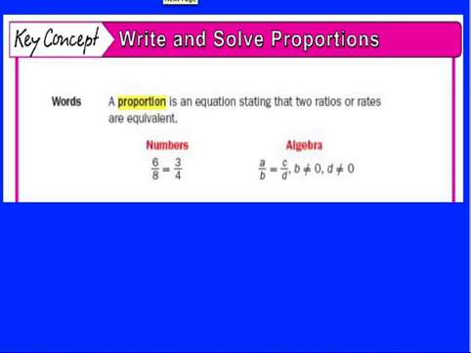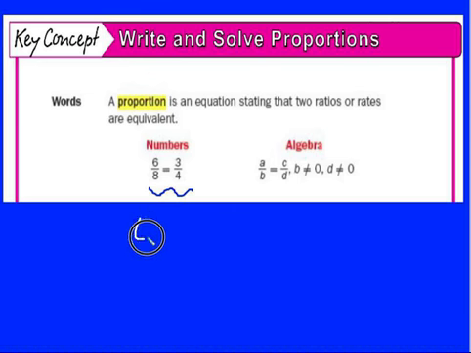Again, a reminder, a proportion is any equation that states that two ratios or rates are equivalent. So we take a look at how this looks in numbers. For example, 6/8 is equal to 3/4. We know that 6/8 is equal to 3/4 because I can reduce 6/8 by 2 in the numerator and the denominator. So that gets me to 3/4.